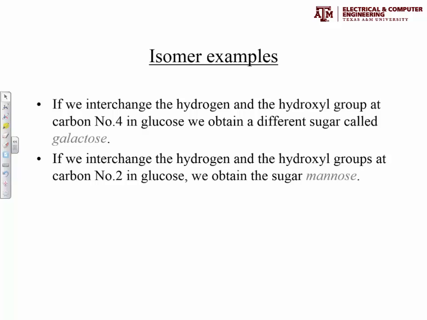And I'll show you how they link up. Another example, if we interchange the hydrogen and the hydroxyl groups at carbon number 2 in glucose, we obtain the sugar that is called mannose. And there are lots and lots of examples. For your EE students, no memorization is required, but you have to be aware that these things are there. Yeah, go ahead.